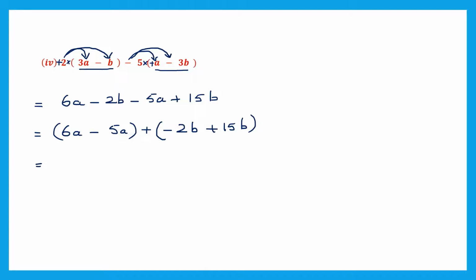Now let me work out. 6 minus 5 is 1, 1a. And on the other side, I have minus 2 plus 15. Signs are different. So I put the sign of the bigger number and subtract. 15 minus 2 is 13, 13b. So my answer is 1a plus 13b, or simply a plus 13b.